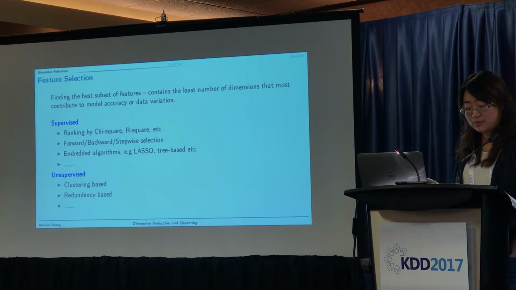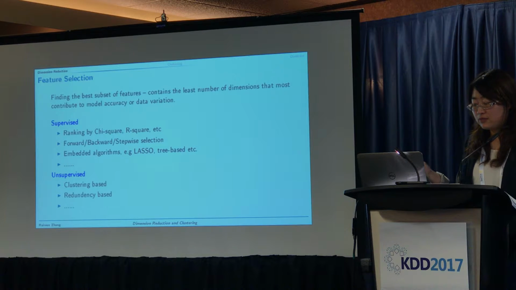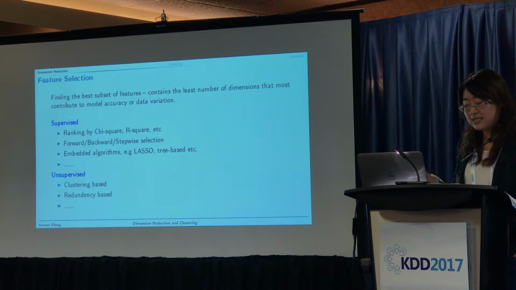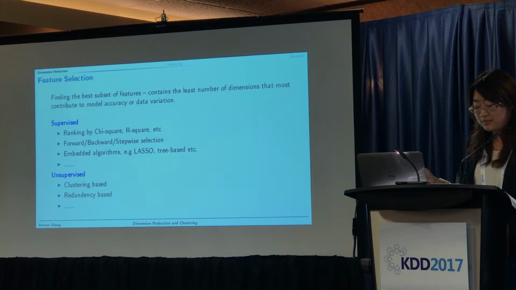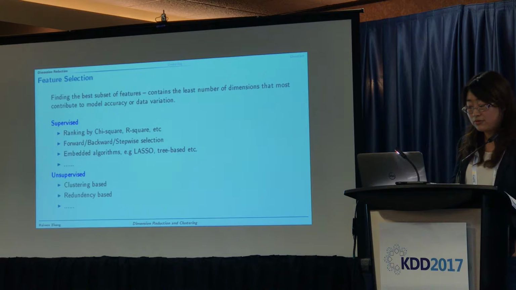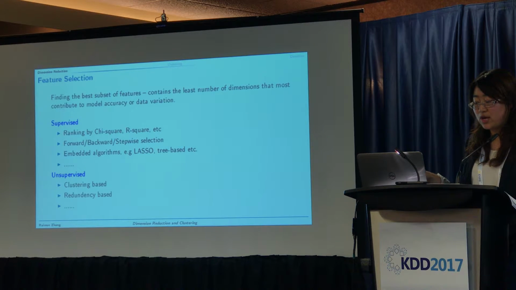So for example, if the clustering for a data set doesn't change with either feature A or feature B, then we think those two features are redundant. Or if a feature doesn't change the cluster discrimination, then we think this feature is irrelevant. There are also some solutions that try to eliminate the redundancy using similarity measures like a correlation matrix or mutual information. And the VARREDUCE procedure, which I will talk about in the next slide, falls in this category.